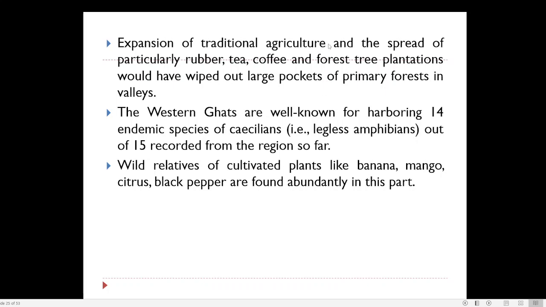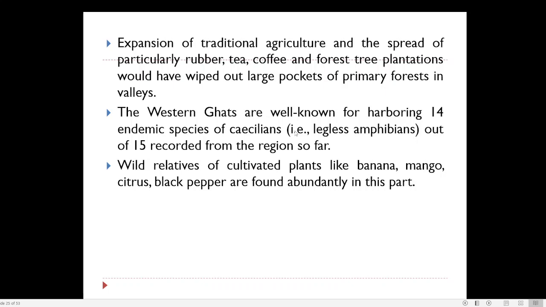What happened with Kerala is that because of our cultivation of rubber, tea, coffee, and other tree plantations, many of our original evergreen forests have disappeared. Now if you move through the plains, you can see Kerala is mostly green. But the green cover is mostly because of the rubber plantations or coffee plantations or other types of commercial plants which are grown by farmers.